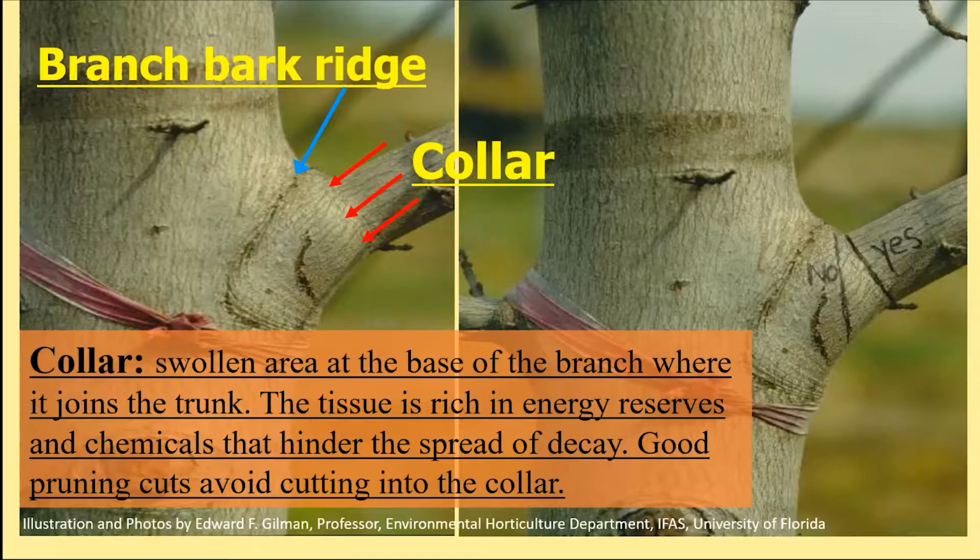Now you understand why it is important for us to keep the collar when we prune a tree. The correct place to make the cut would be the line that's marked yes, and no would have cut into the collar, leaving a festering wound that may not heal and opening up the tree to pathogens and other problems.